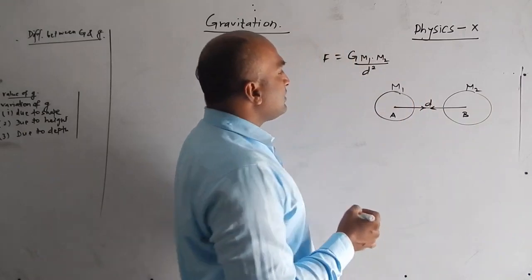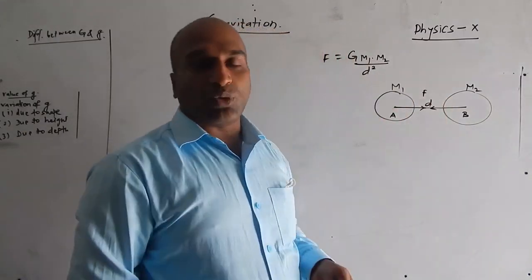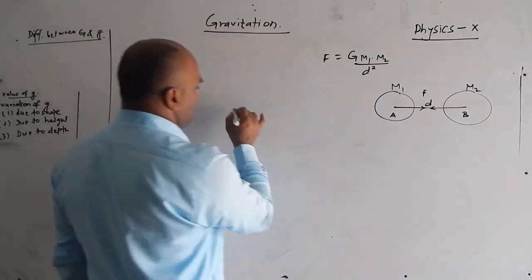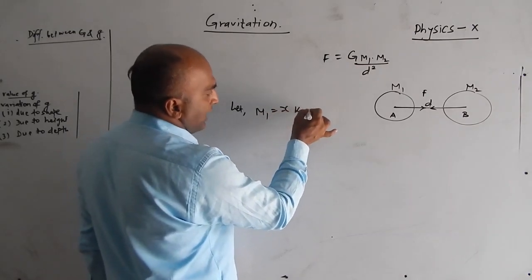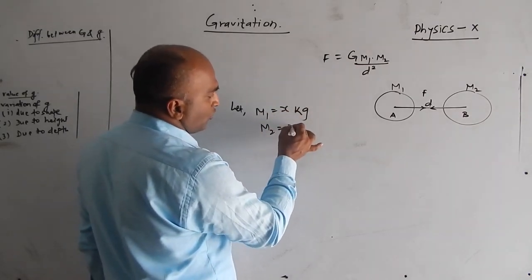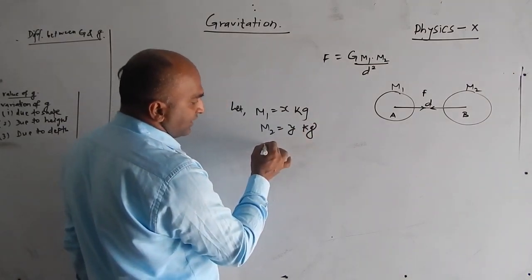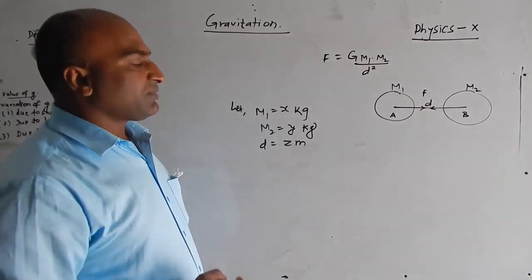Then in that condition, gravitational force is calculated by G m1 into m2 by d square. Let m1 equal x kg and m2 equal y kg, and z meter is the distance between them.